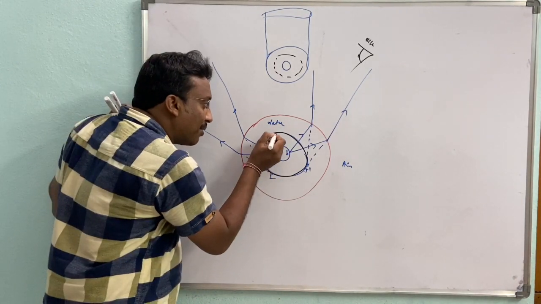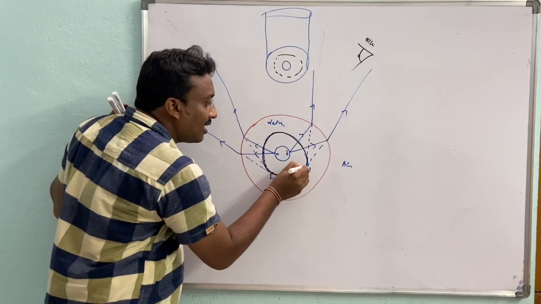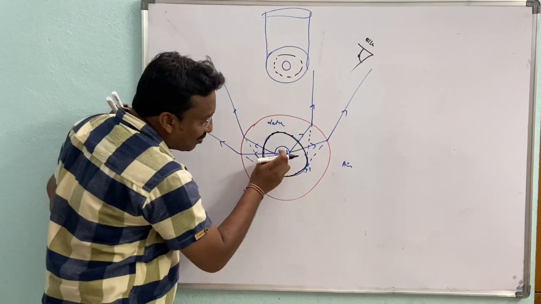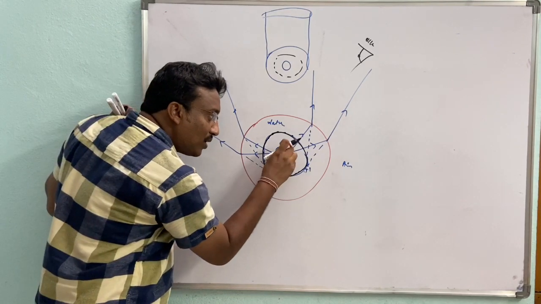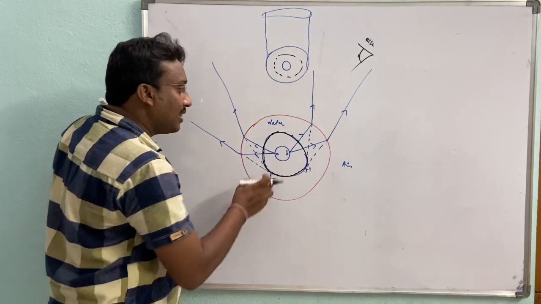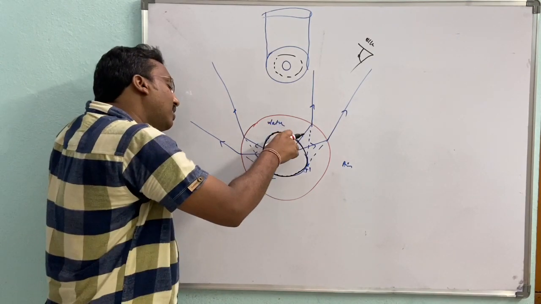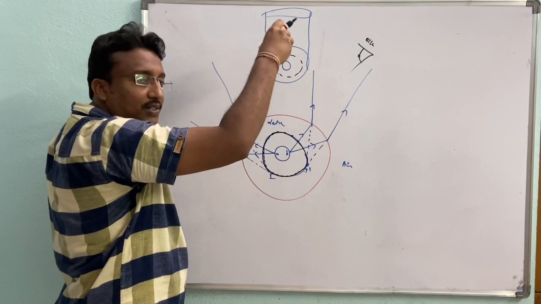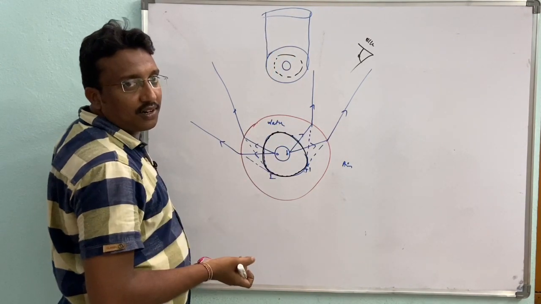Now imagine that this black marker shows the image. This blue marker shows the object. This is the actual size of the lemon. This is the apparent size. If we take the lemon out of the water, again it shows the actual size only.